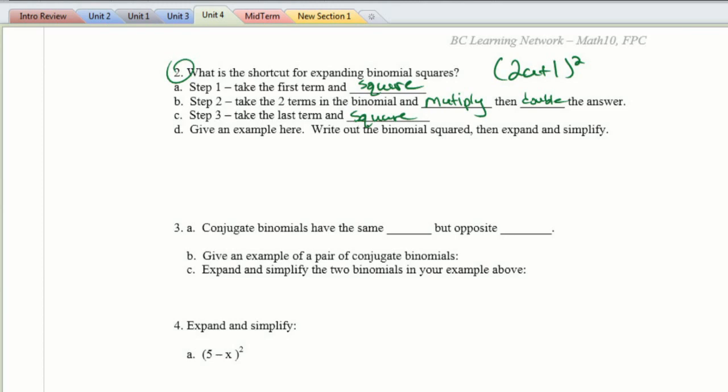It's just a bit of a trick. Conjugates have the same terms, but different signs. Just a couple little things that will make your life easier. They don't come up that much, but if you do encounter them. So 2a + 1 and 2a - 1, those are conjugates.